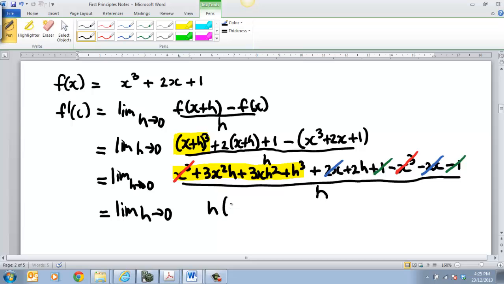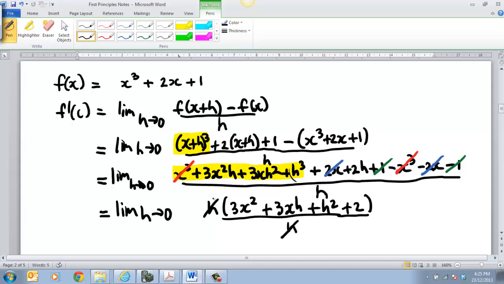Now bring out a common factor of h, that'll leave me with 3x squared plus 3xh plus h squared from that term there, plus 2. Okay, and then that's the h on the bottom line.